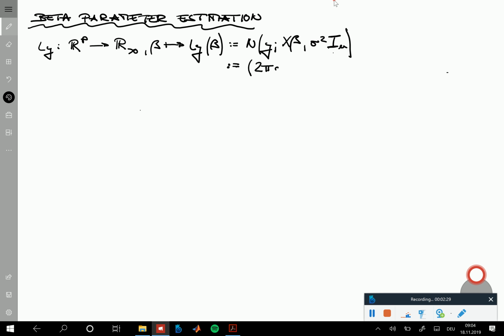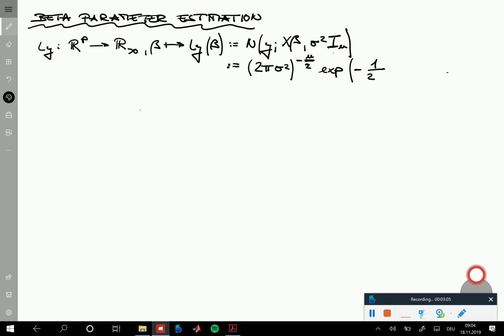So this formula is just the multivariate Gaussian for a spherical covariance matrix. Because in the general multivariate Gaussian, you have this inverse determinant in the normalizing factor, but because the determinant evaluates to sigma square to the power n here, you get this kind of simple normalization term, and then you have the exponential term.